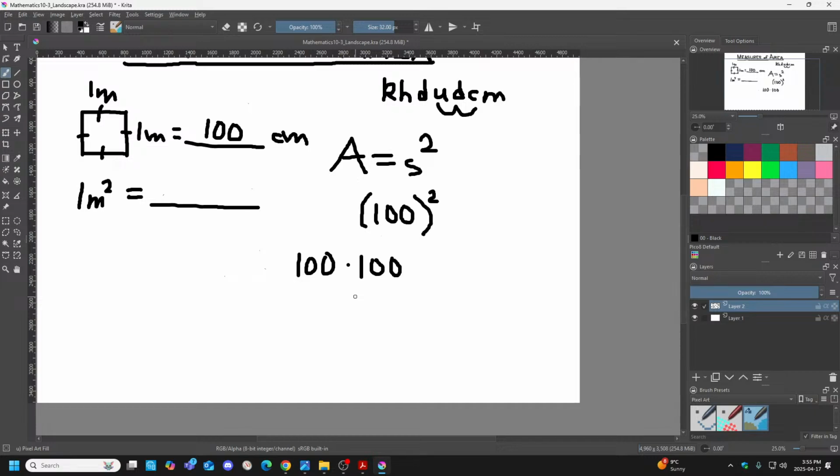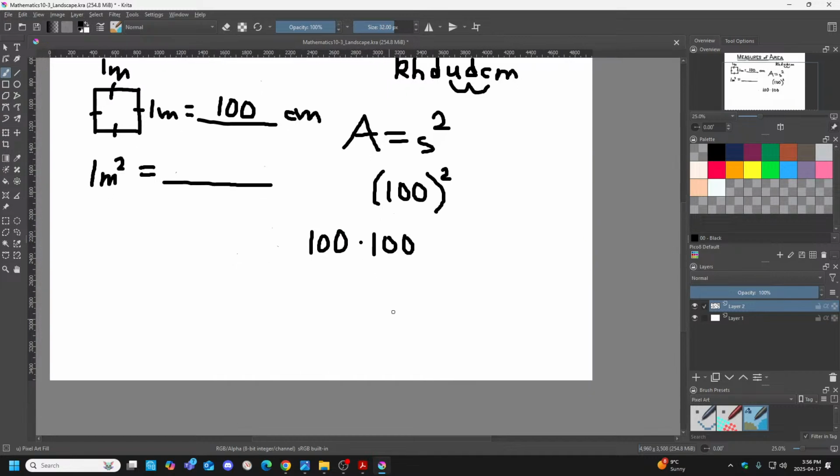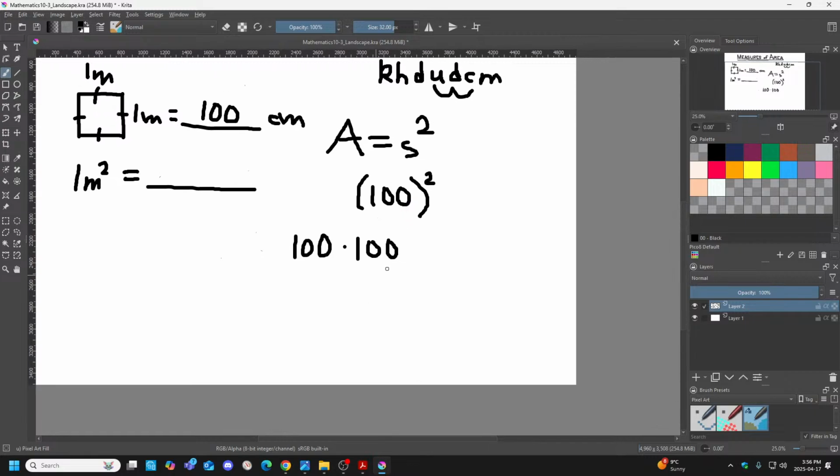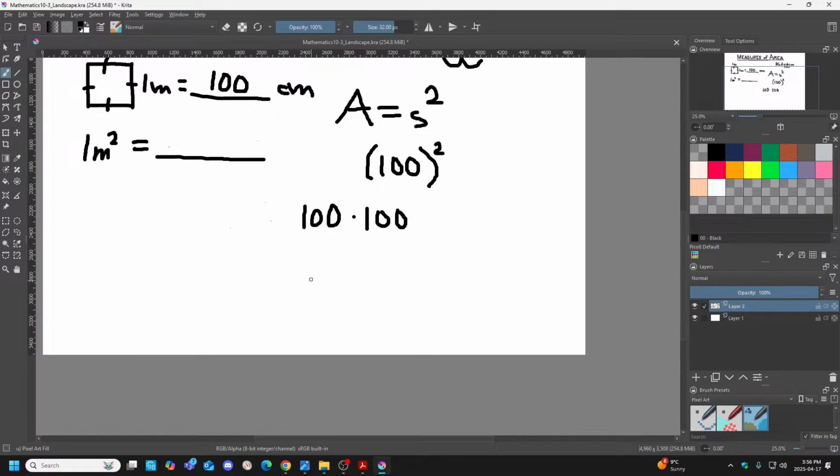This is simple stuff. If you know what a 0 looks like and you know what a 1 looks like, you know that 1 times 1 is 1 and 0 times 0 is 0. And then anything divided by 0 equals undefined. Without using a calculator, you multiply 100 times 100. 1 times 1 is 1.